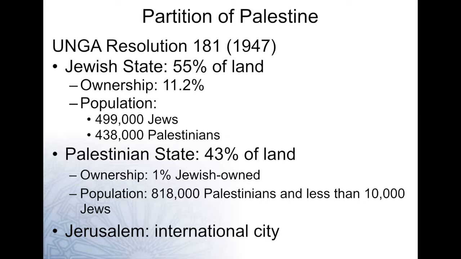The source of electricity, the only airport, the port at Haifa, all of this, the airport at Lydda and the port at Haifa, all were going to be part of the Jewish state. So the Palestinians were going to get the parts of the country with the least agricultural prospects and the least infrastructural prospects as well.